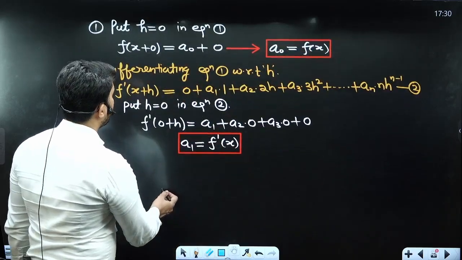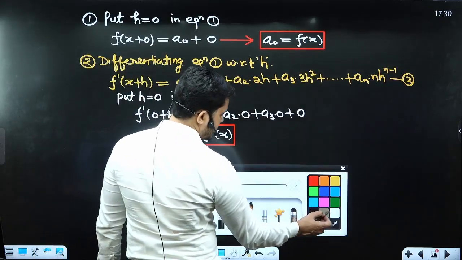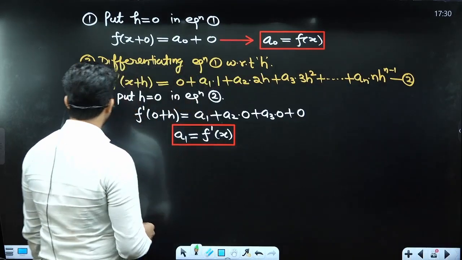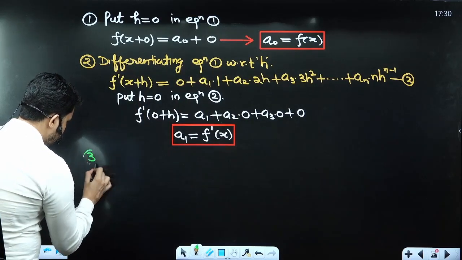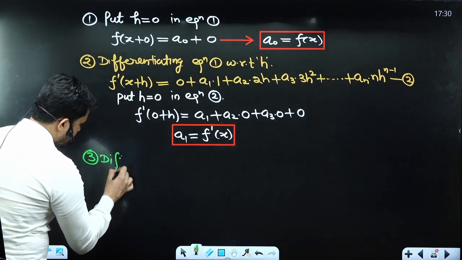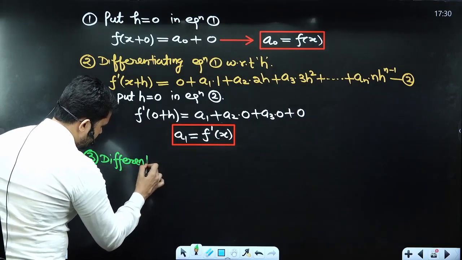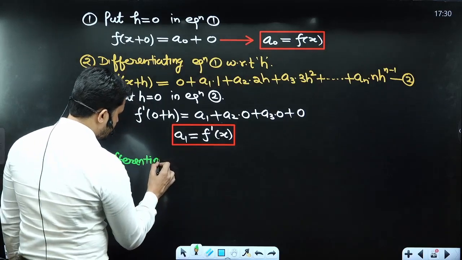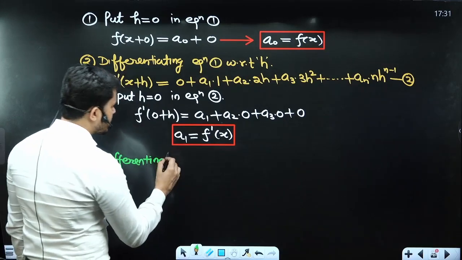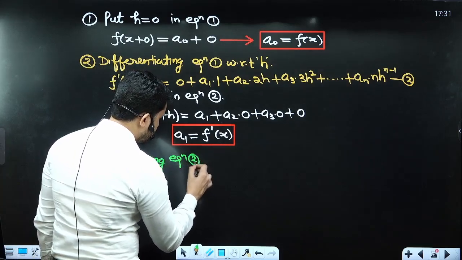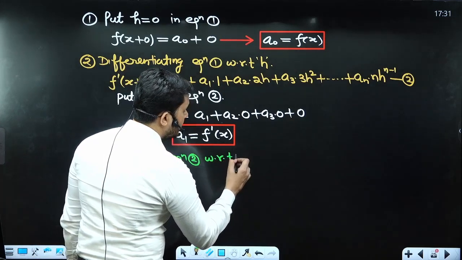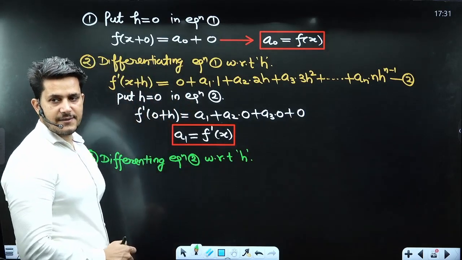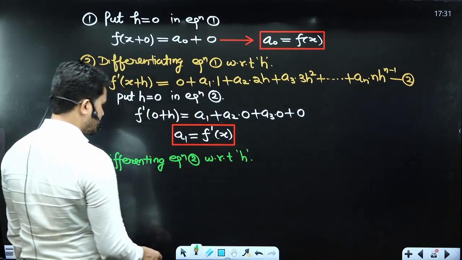Now the third part: differentiating equation 2 again with respect to h.